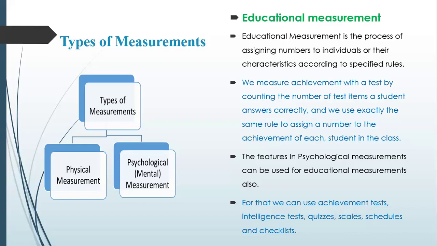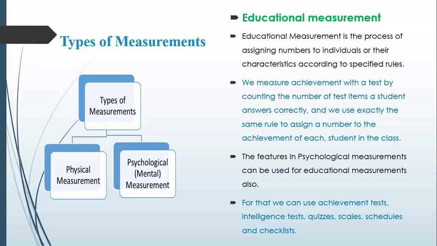So according to that, our educational measurements mostly come under psychological measurements. Sometimes we have to do physical measurements in the cognitive domain and so on. Also in practicals, we have to use physical measurements that come under the psychomotor domain.